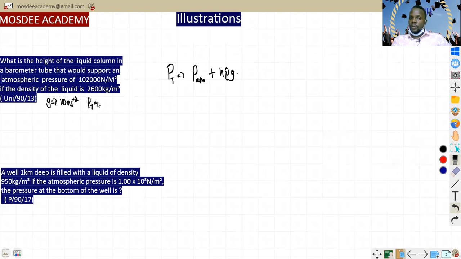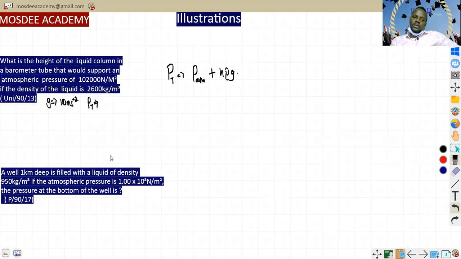So that is why this question is invalid, and I cannot be given a value. I think there's a typo. I am not sure about the person that actually wrote this out. This is a typo because the total pressure of the whole liquid column should be given so that we'll be able to calculate the height of the liquid. So that is that about that, and we just need to understand that.